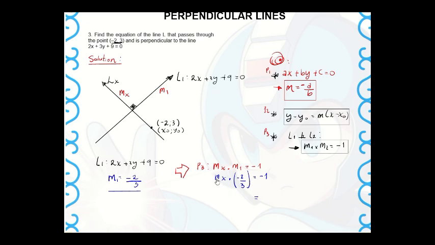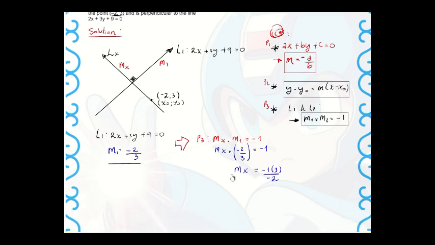Let's multiply by 3 both sides. So here is minus 1 multiplied by 3. And let's divide over negative 2 both sides. So mx is equal to, negative over negative should be positive. So this is 3 over 2.